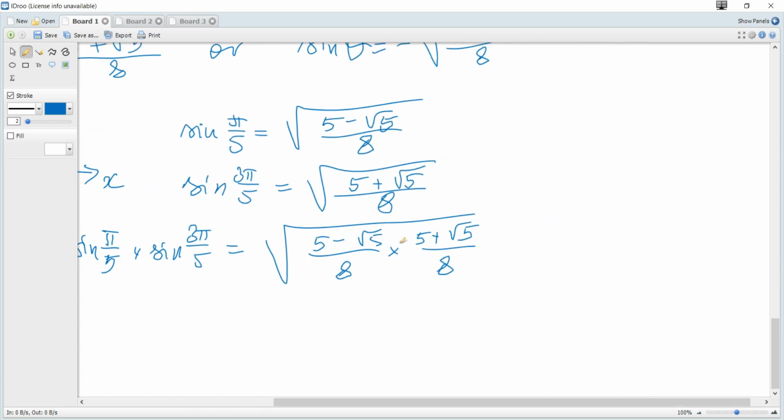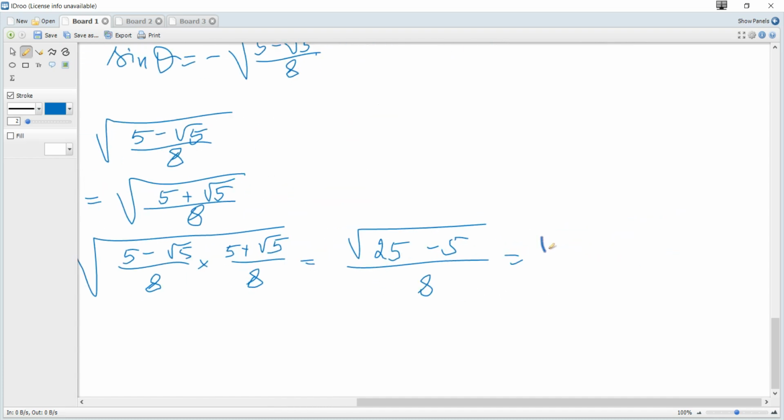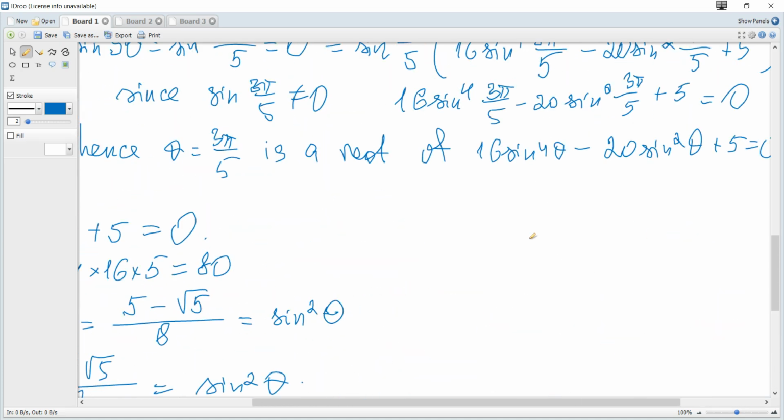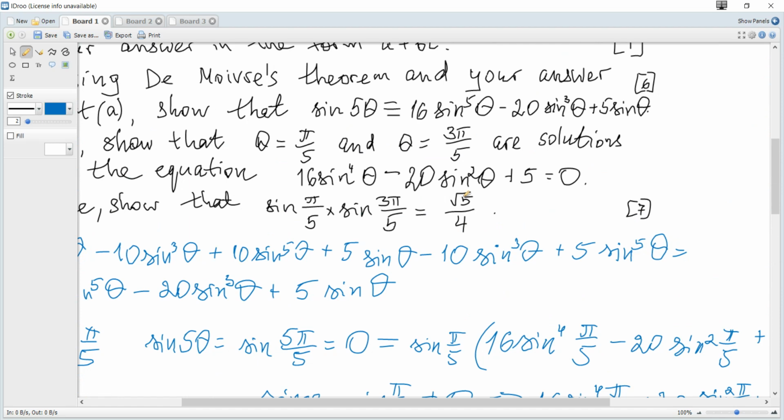You can see it's the formula (a minus b)(a plus b), and it will be 8 times 8, and the square root is just 8 without a root. It becomes root of 25 minus 5, so it's root of 20 over 8, and 20 is root 5 times 4, root 4 is 2, so it becomes root 5 over 4, and the answer is as given.